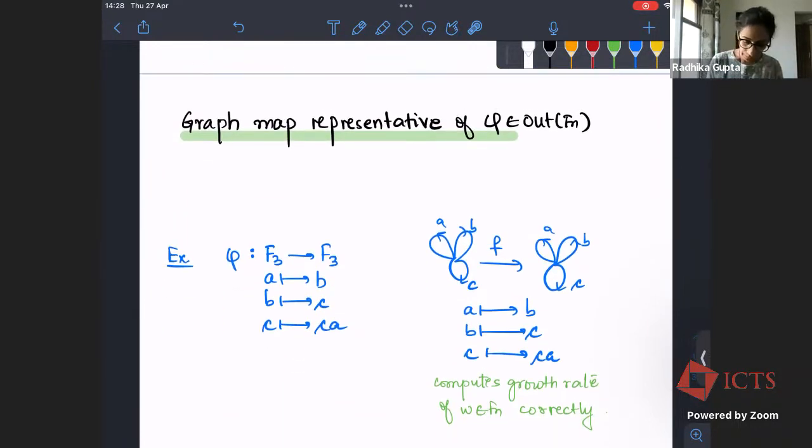A graph map representative is basically something very simple. I'll do some silly examples, in fact.